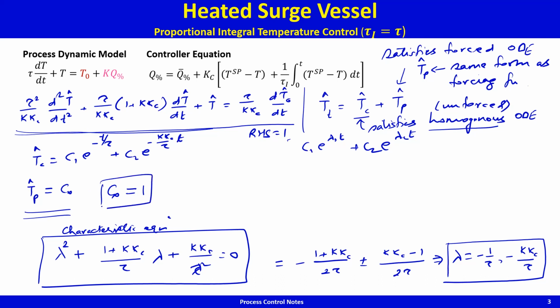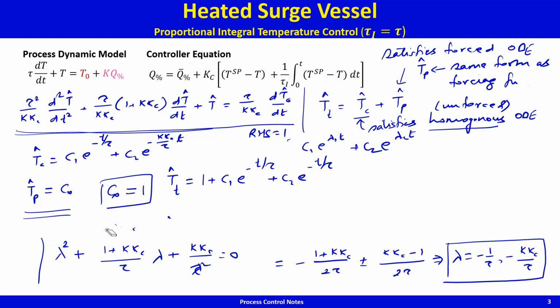So the total solution T total is going to be 1 plus C1 e to the power minus t by tau plus C2 e to the power minus t by tau. How do we get the C1 and C2? This C1 and C2 we get from the initial condition.